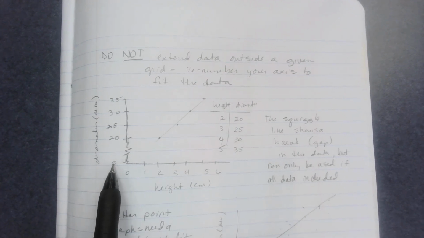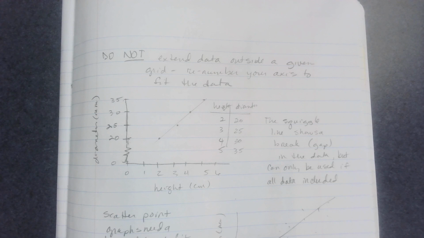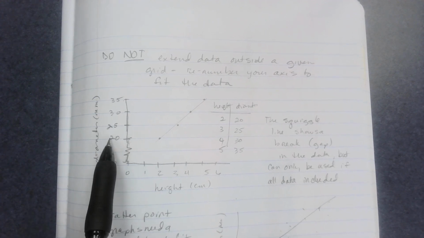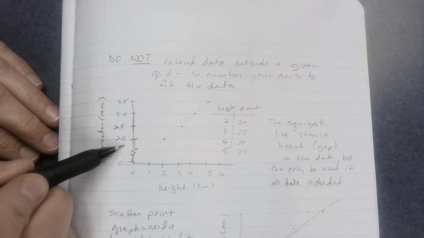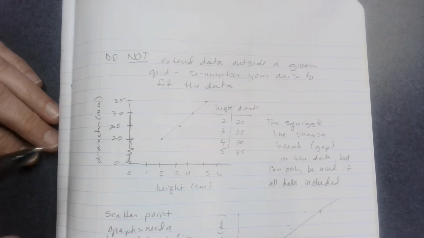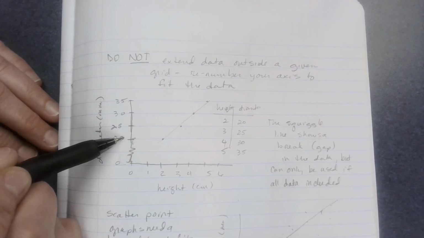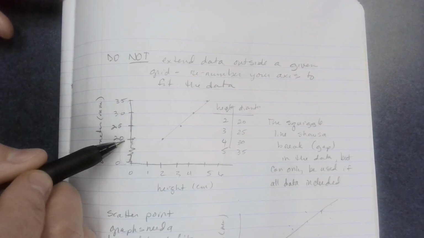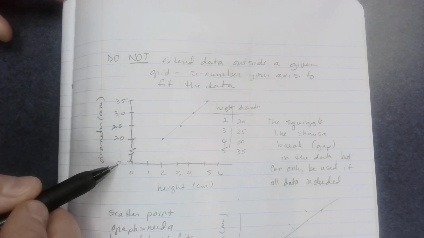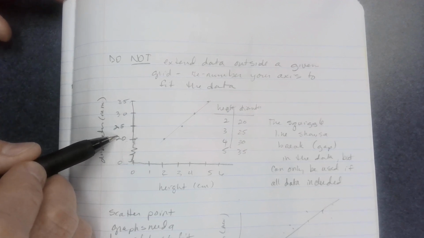So I don't want to count 0, 1, 2, 3, 4, 5, 6 because I'm not going to fit it on there. So I put the little squiggle there because I'm starting at 20, and it shows that this amount of space right here, these two boxes, should be only equal to 10. Should be equal to 10 millimeters because this is 5 and this is 10. So this should be 5, 10, 15, 20.